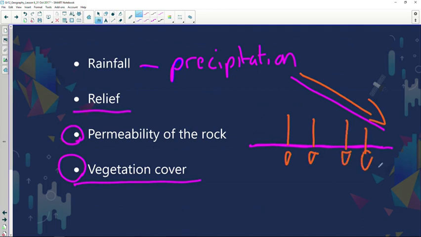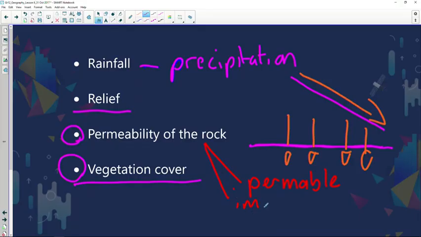The permeability of a rock, let's just write it over here. We've got permeable, and what did we say about permeable? It allows water to infiltrate. Impermeable, it does not allow water to infiltrate.